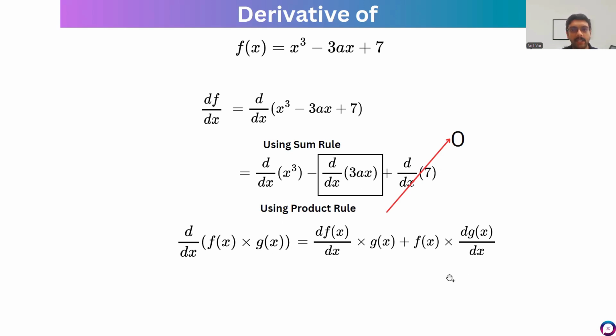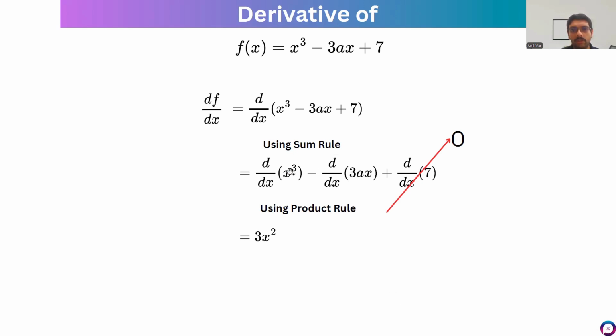So we apply that here. The first term here is 3a, so f of x is 3a, and g of x is x. So focusing on this, you get d by dx of 3a times x plus 3a times d by dx of g of x, so d by dx of x.